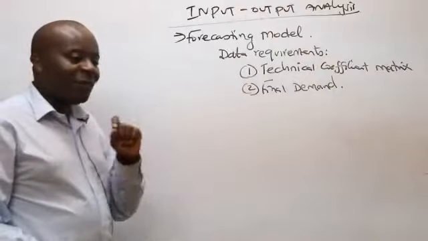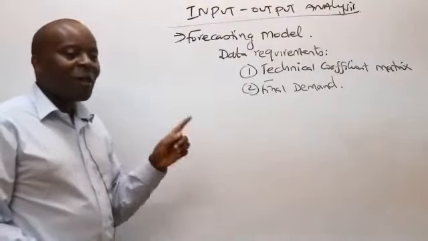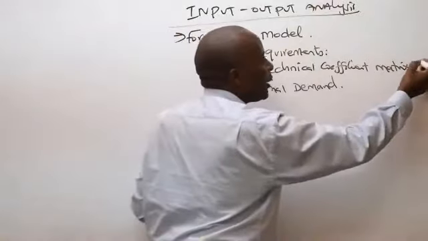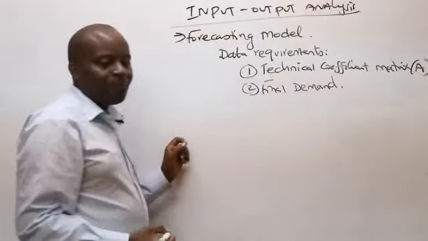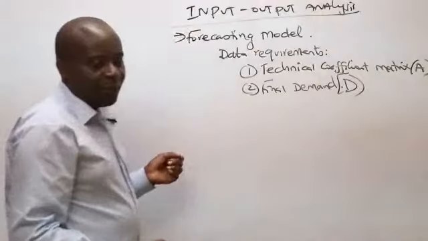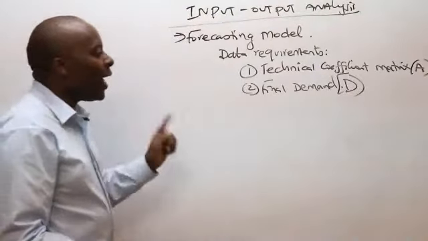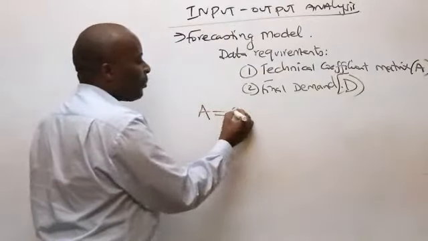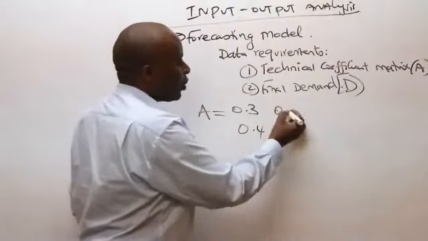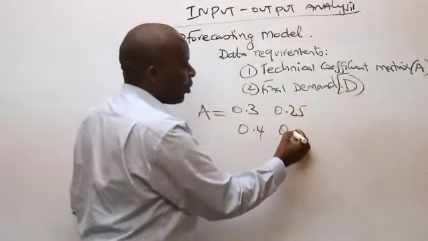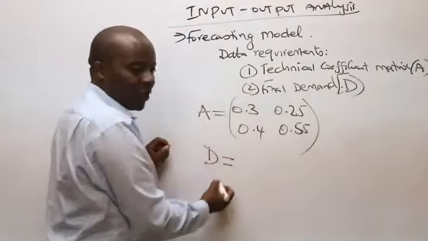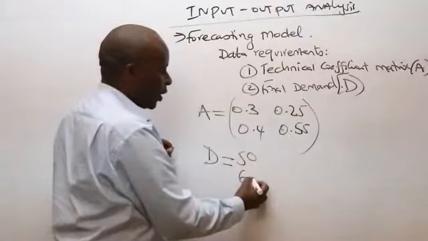Even before I define these things very well for you, I want you to know from today that the technical coefficients matrix will always be called matrix A, and the final demand matrix will be called matrix D. Suppose A is given to us as 0.3, 0.4, 0.25, and 0.55, and the final demand is given as 50, 60.